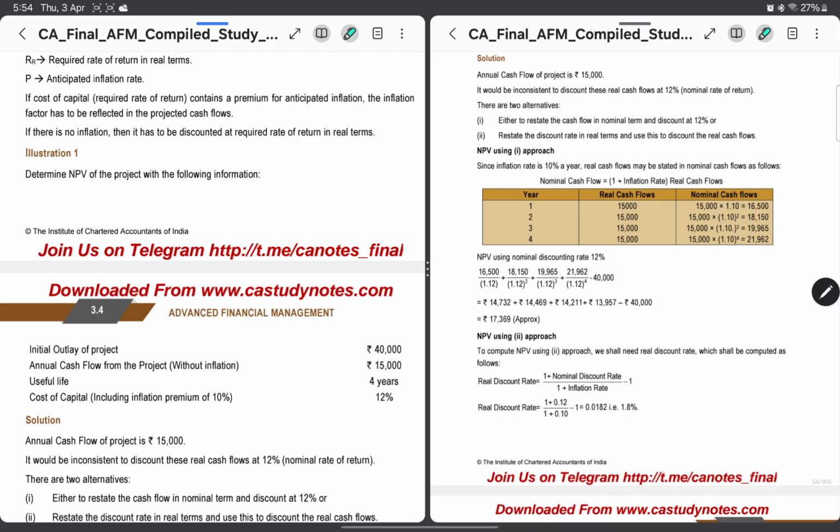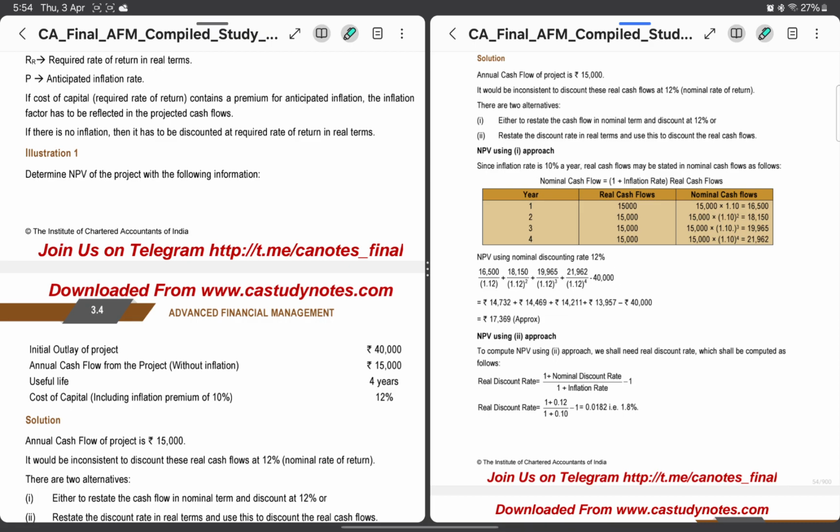If we notice, the annual cash flows are without inflation, but the cost of capital is with inflation. So we cannot discount a cash flow which is without inflation with the inflated cost of capital. There are two approaches here. One is to restate the cash flows in nominal terms and discount at 12%, so we apply inflation on the cash flows and then it is comparable with the cost of capital.